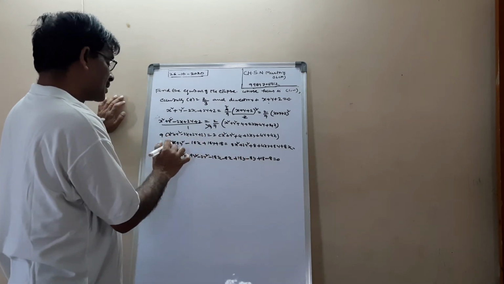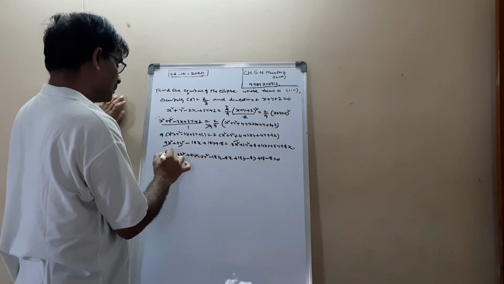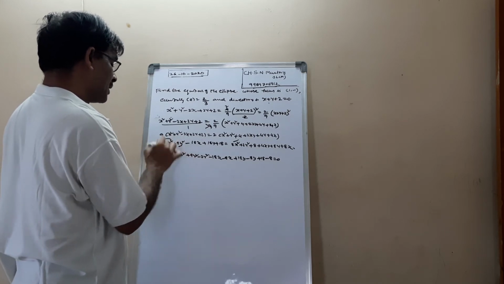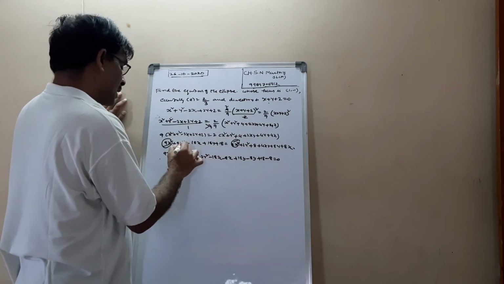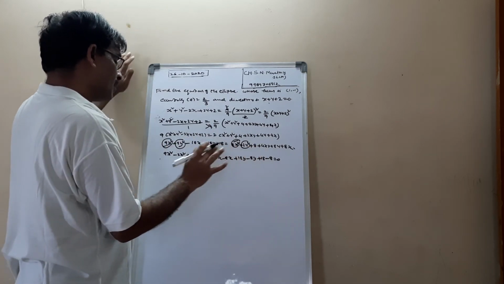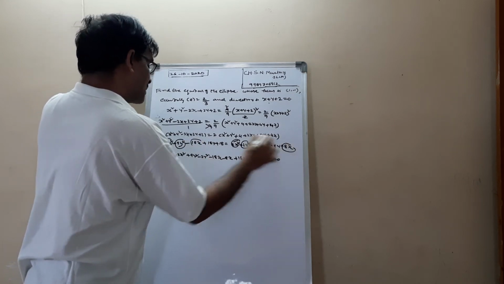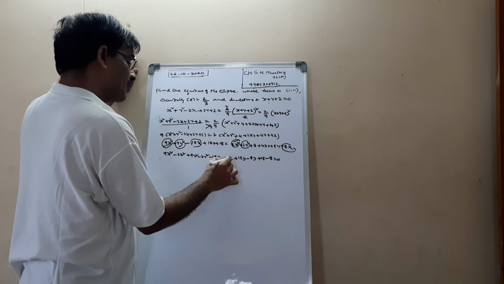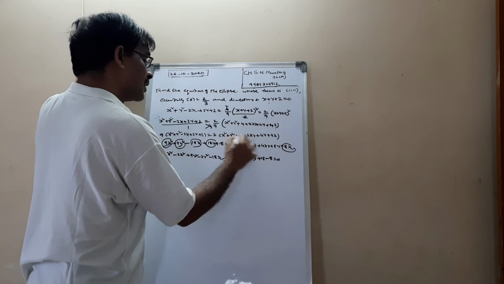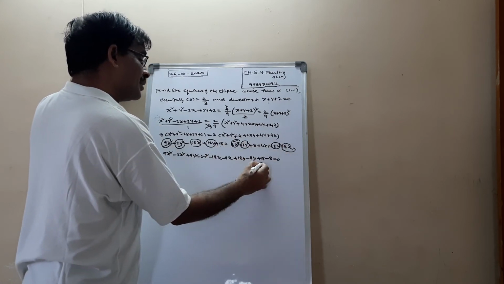I have written 9x square, 2x square, 9y square, 2y square, 18x and 8x, plus 18y, minus 8y, and plus 18 minus 8.